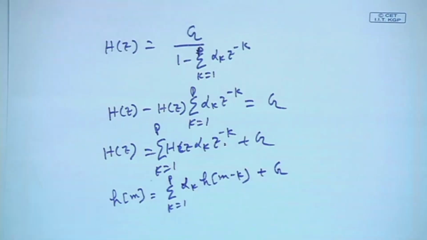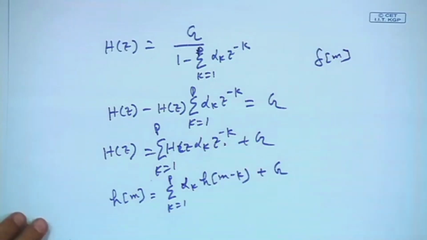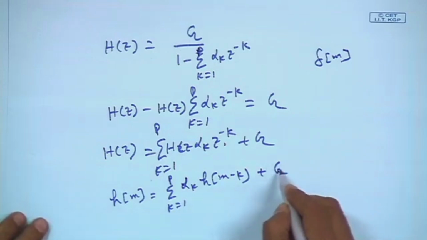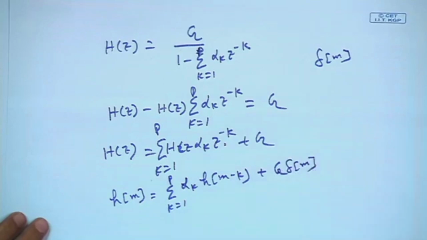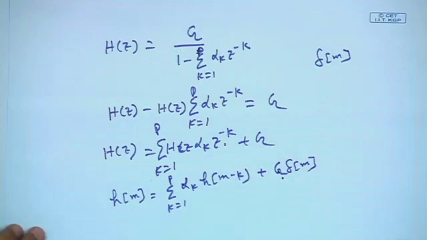If I say my input of the system is a delta function, then g is nothing but the gain with a delta function. At m equal to 0, only g exists, which is the gain.